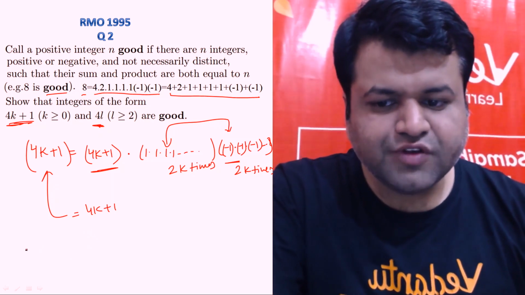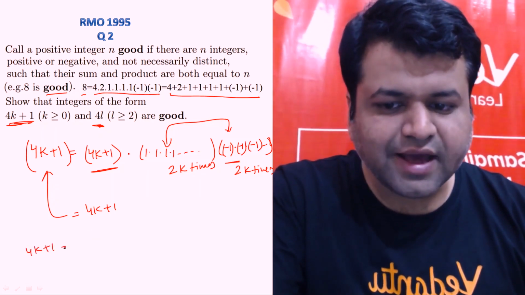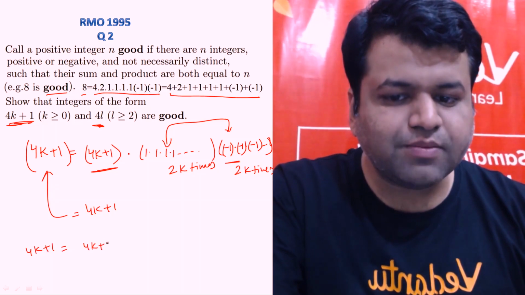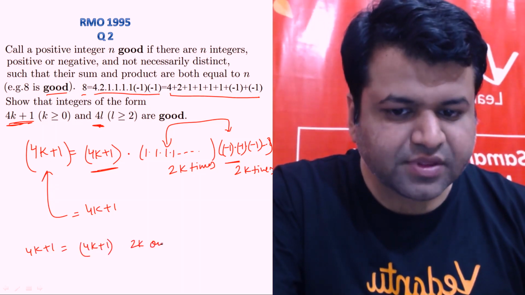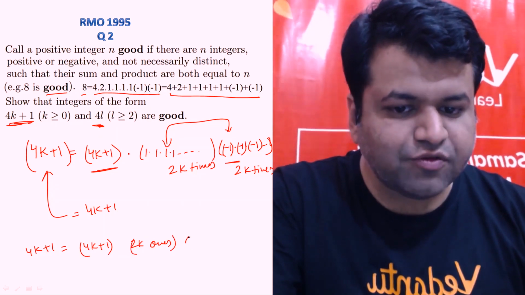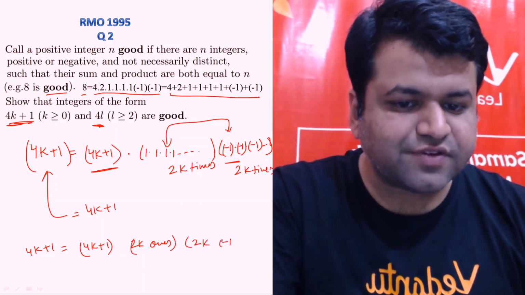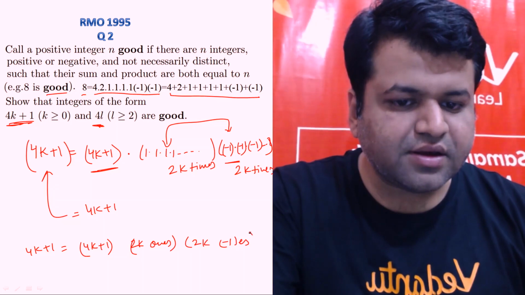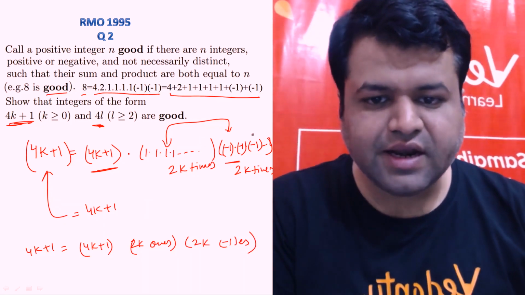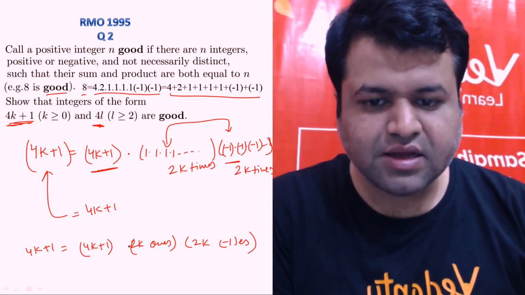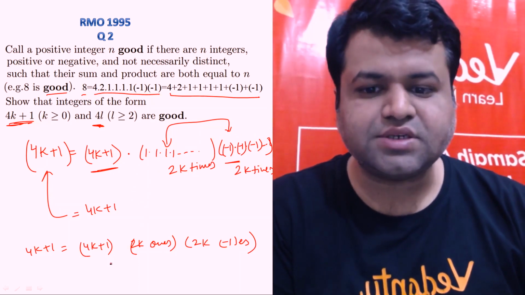So we can easily write 4k plus 1 as one number 4k plus 1, followed by 2k ones, followed by 2k minus 1s. I hope this is clear. 4k plus 1 we can easily write, and these will be considered good numbers.